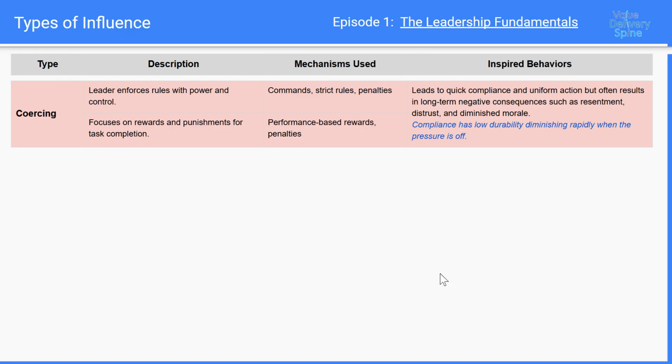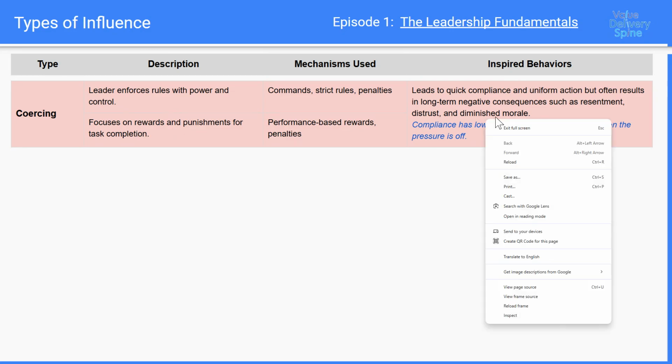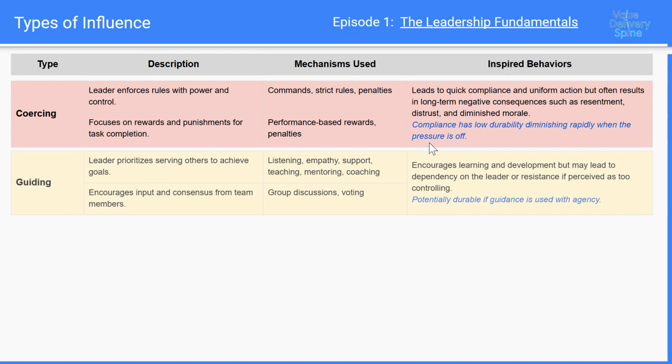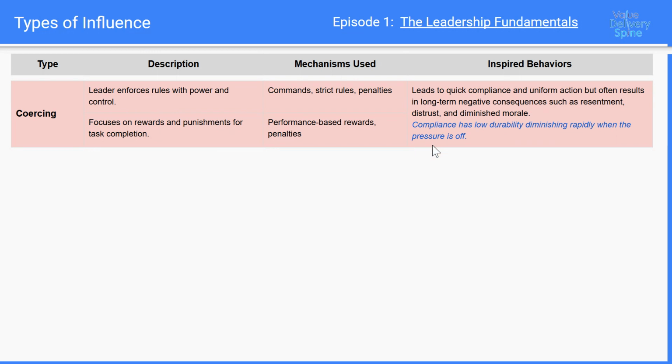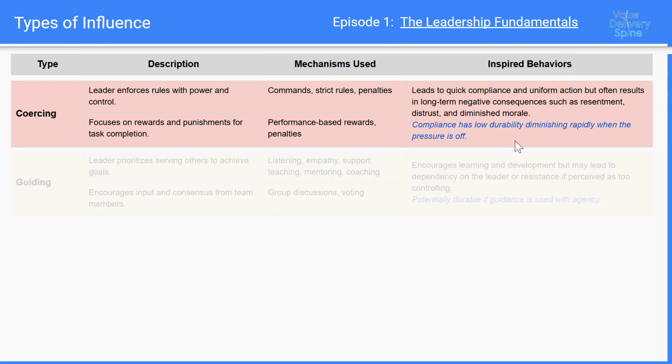In any kind of military structure, such as police or fire, there is a good reason to follow the rule of command and comply. However, coercion is a low durability way of influencing others in that it diminishes rapidly when the pressure is off.